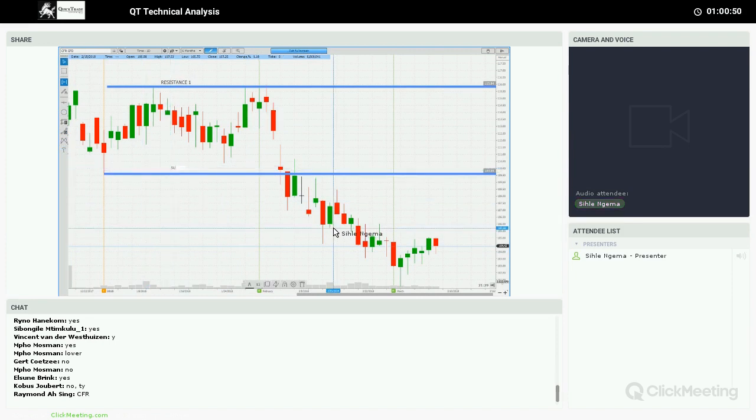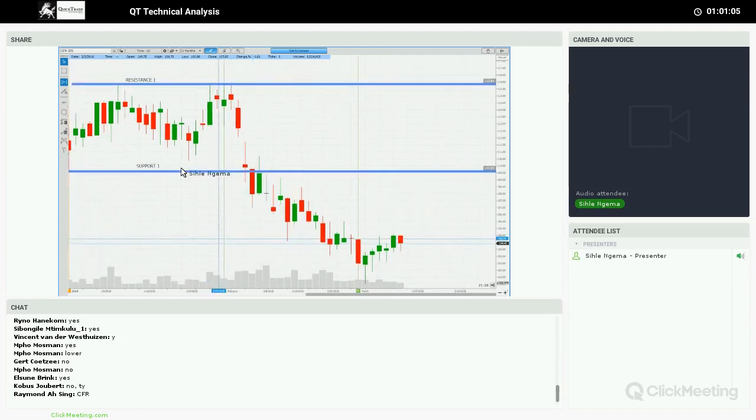Now remember, when I'm busy doing this, I am again identifying the trend of the share itself. So for the month of January, if I'm only focusing on this year, I have my resistance 1 and my support 1.